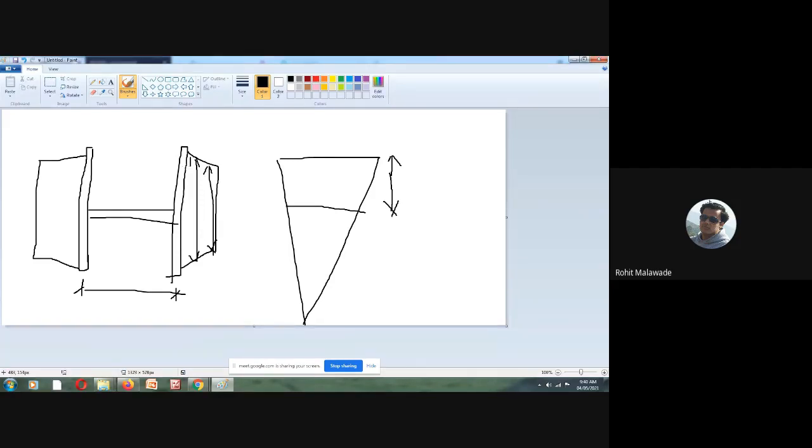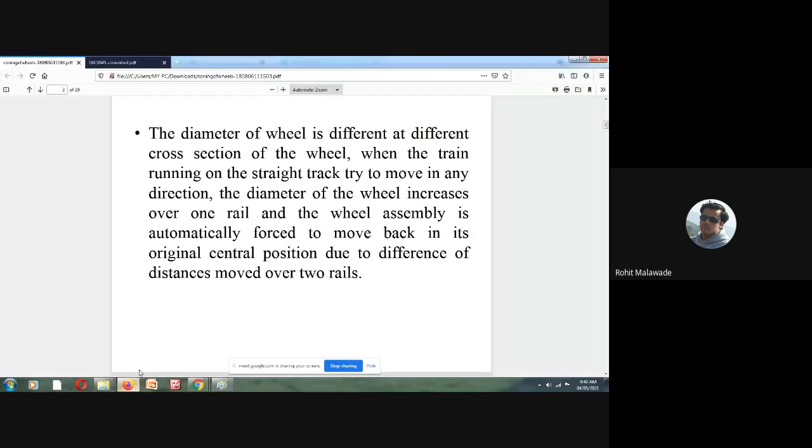So in order to have this on a proper track, what we are going to do is provide the coning. That is the reason why we provide the coning. The wheel assembly is automatically forced to move back to its original central position due to the difference of the distances moved over the two rails.